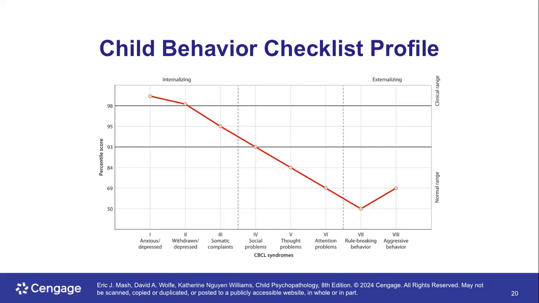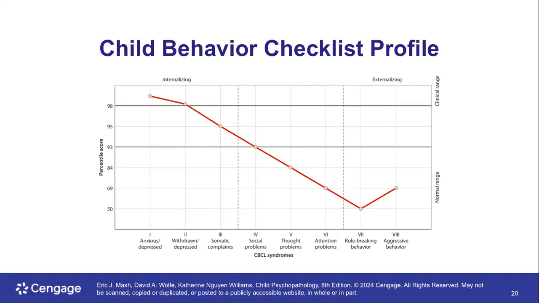If we were to look at this profile, we would be able to interpret that this child is struggling with anxiety and depression. And how do we know this from the CBCL? If you look at the clinical elevation, right? So it says clinical range. There are 2 dots that are in that clinical range, and they are anxiety and depression. Now, we do have other scales that are elevated, right?